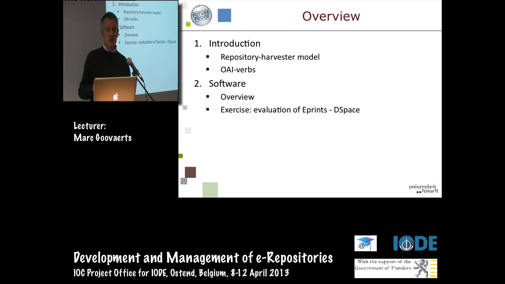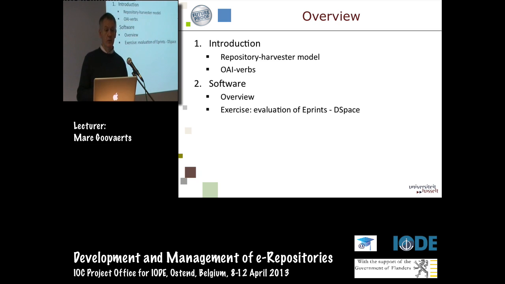Now you have the repository and you have the harvester. That's one aspect, and then we will have a look at how it is implemented and which software is available. Also, and that's your exercise, you will have the possibility to evaluate ePrints and DSpace by looking at some implementations.